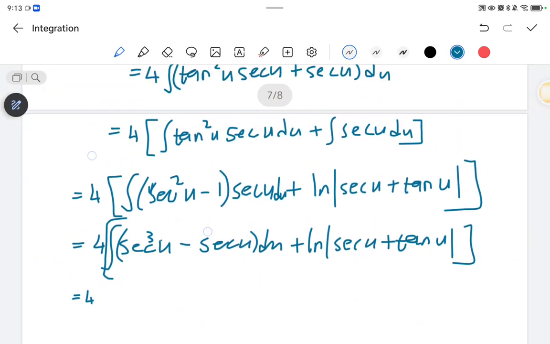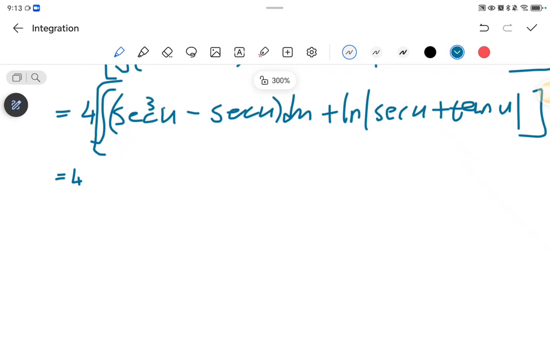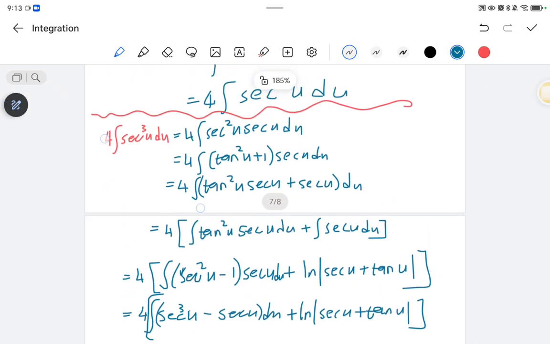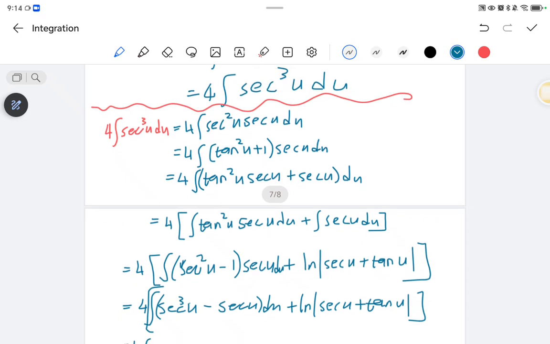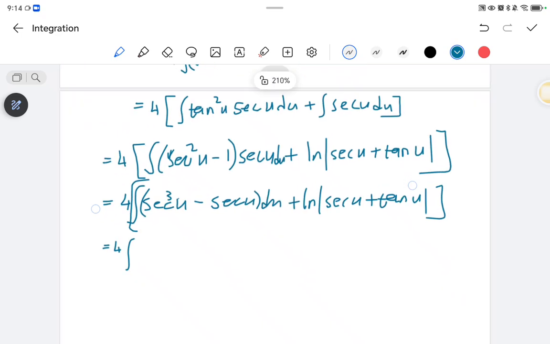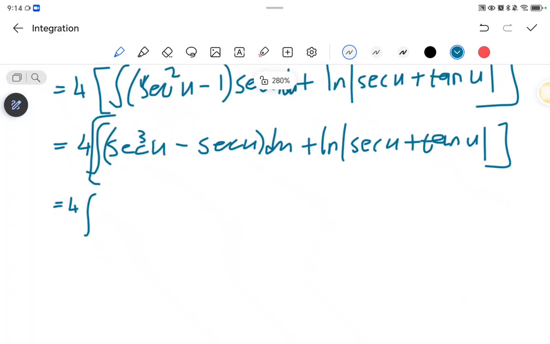So this will be 4 integral of, if I change that, I go back, it's gonna take me back, right? And then I'm gonna have the tan, and this will be integral of sec, still it's gonna take me back. Let me see if there's no easier way to do this, or else we'll be forced to use by parts.